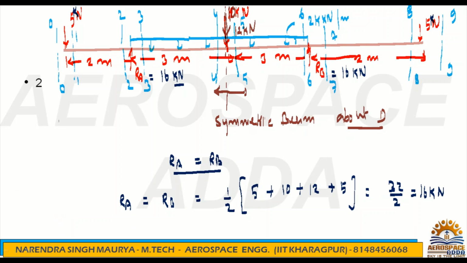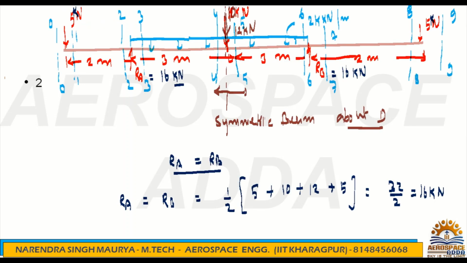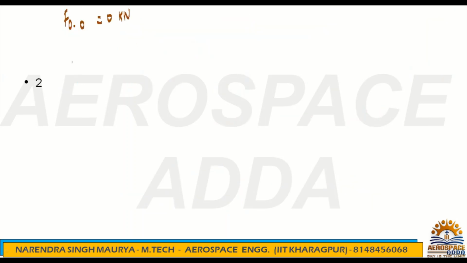So if you say 0 0, what is 0 0? Just before the force. What is the force here? It is 5 kilonewton. So just before the 5 kilonewton force, is there any force? No. So that means the shear force F00 becomes 0 kilonewton, right? But at the same time, if you check F11, what is F11?